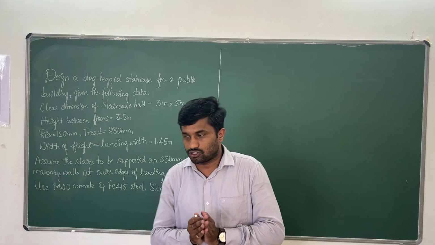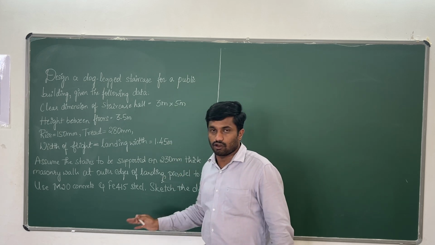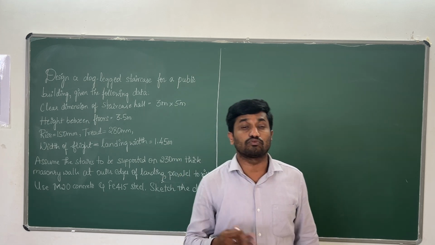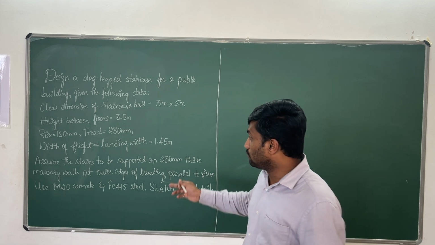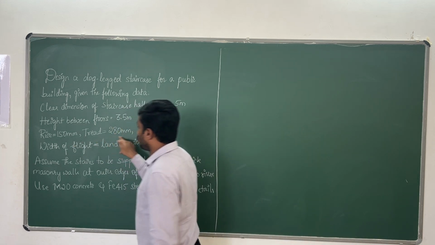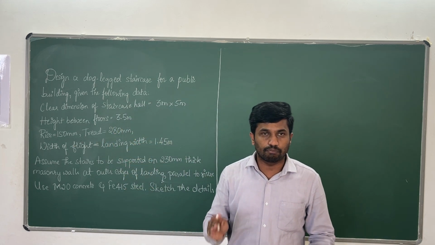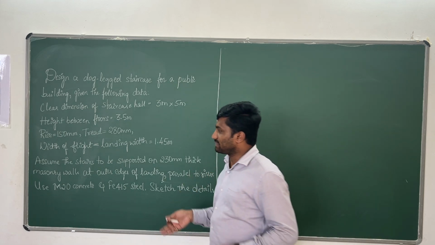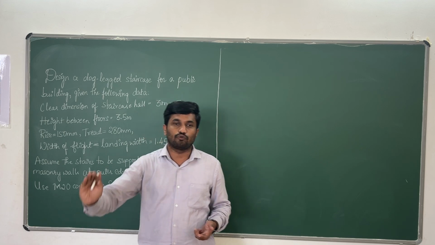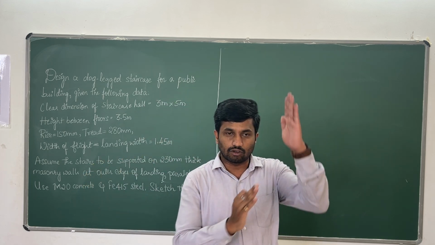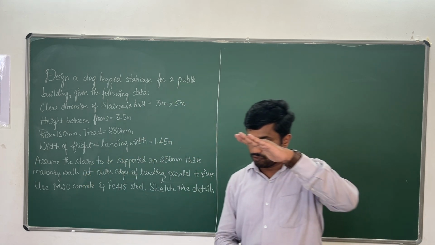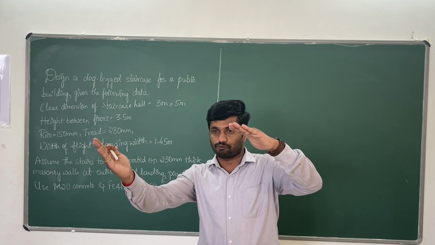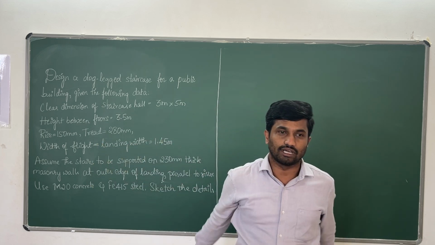The very first step in the design of a dog-leg staircase is the arrangement of stairs. We know the rise value and the tread value, but we don't know how many rises and how many treads are required in each flight. In a dog-leg staircase we have two flights, one in this direction and then one in the opposite direction.